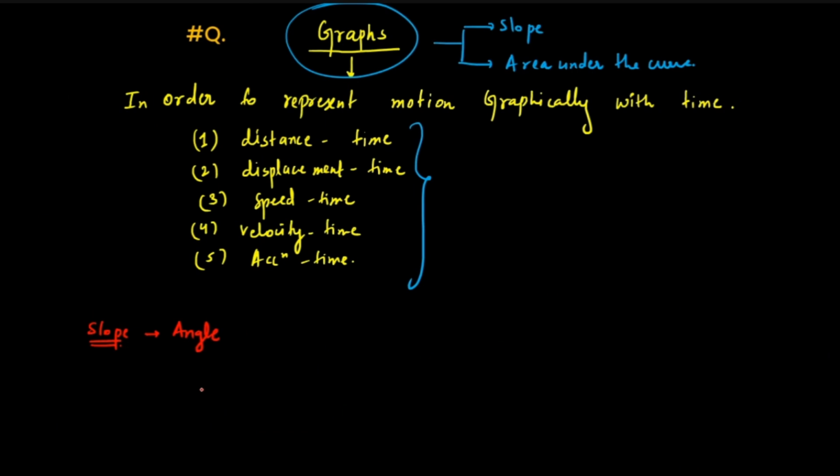You can use that equation, that definition also, if you know that. So slope is the rise in the y axis to the run in the x axis. That is completely fine. We can also define it in another way. Slope is defined as the angle made by the tangent through a point on a graph with the x-axis.